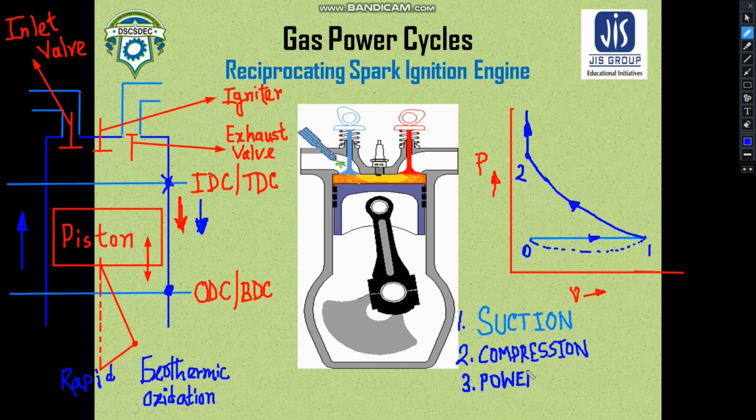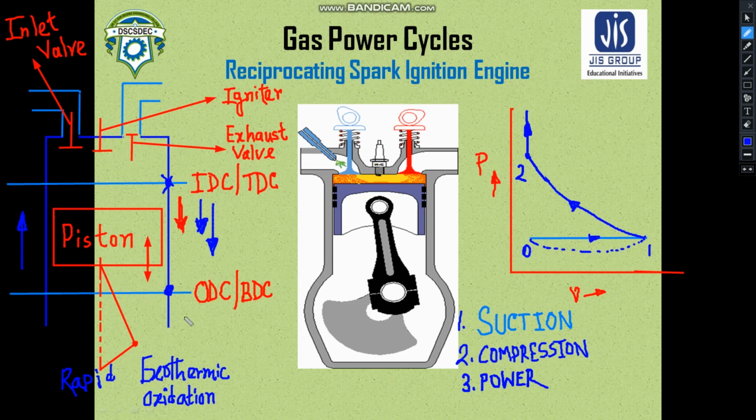After the combustion has occurred, the piston will again move in the downwards direction from TDC to BDC, and the exhaust valve will be open, and the products of combustion will be removed from the closed cylinder. And when the piston is in its downwards motion, the fresh air will start to enter this closed system.